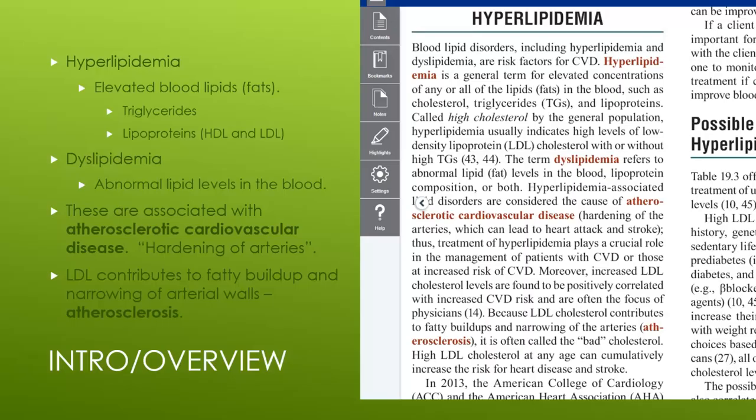And then you also have a narrowing of the arteries, which is atherosclerosis.